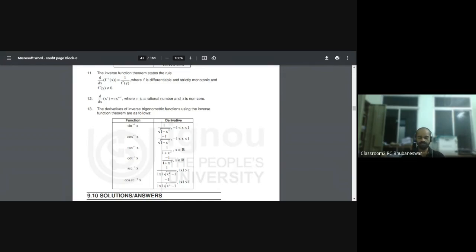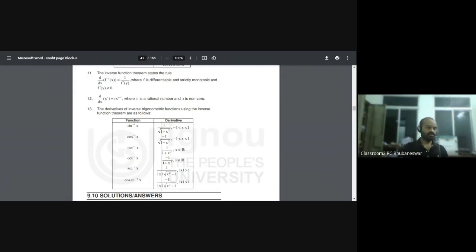So in the first unit of differentiation, all the basic definitions, basic formulas, properties and algebra of differentiation are given, and we are discussing them one by one.